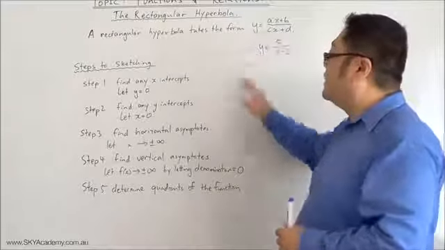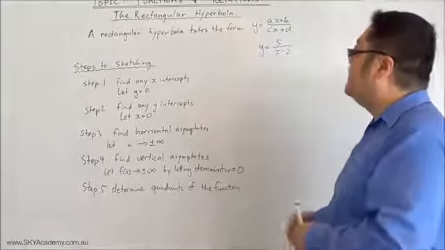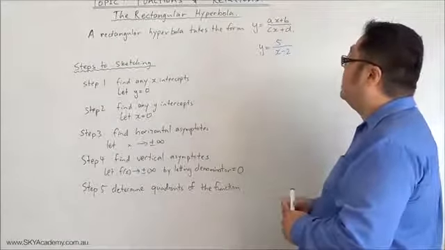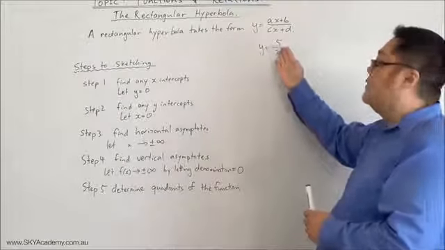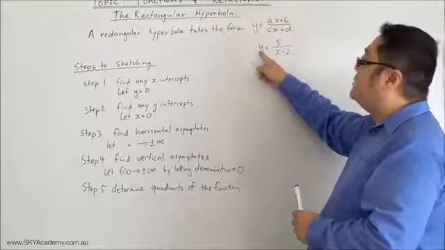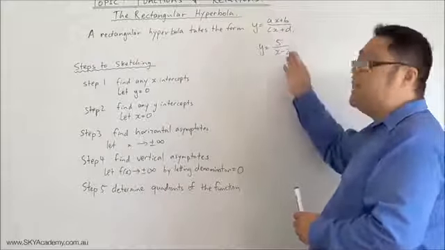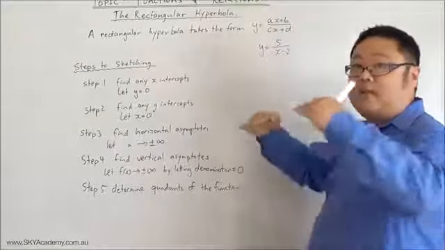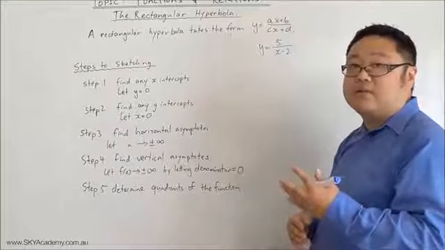Let's see how you would solve this. First, find any x-intercepts by letting y equal 0. There are no x-intercepts because y cannot equal 0, since your top number is 5. That's a hint that y equals 0 is more likely than not going to be a horizontal asymptote.